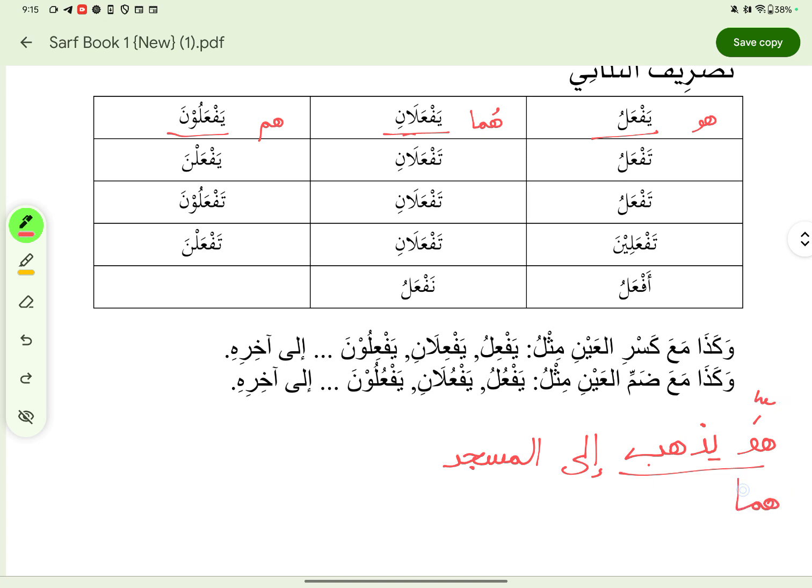Huma yadhhabani ila al-masjid. هما يذهبان إلى المسجد. The word يذهبان is in the same form as يفعلان. يفعلان، يذهبان. Right?